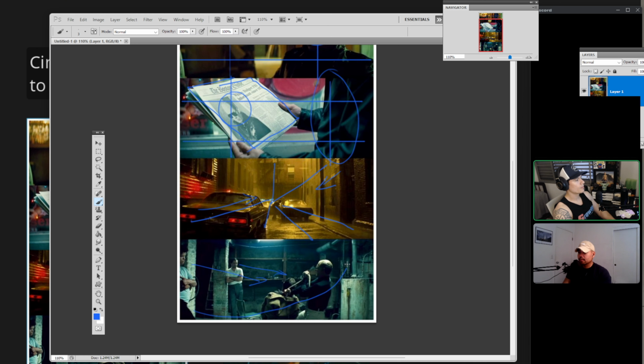So that's kind of like that golden ratio thing. So it drives all the attention to that right side of the frame. And then these are some of the supporting elements that reinforce that.